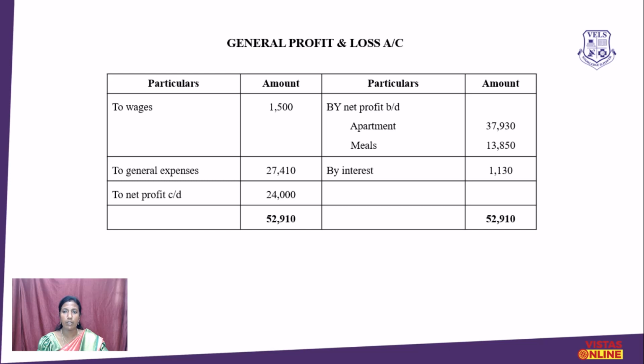By interest 1,130. So the total on the credit side is 52,910. The difference is 24,000, which is the net profit carried out.